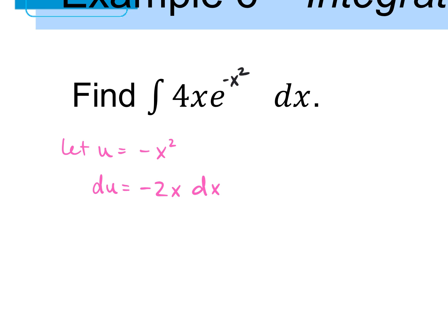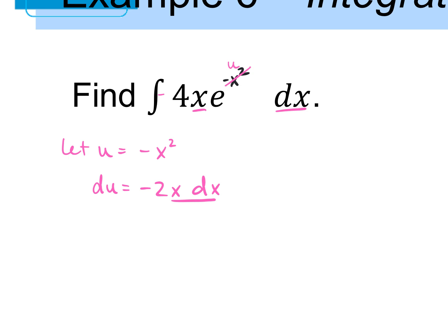So I'm going to replace the exponent with the u. So we're substituting that in. Now we need the rest of it just to turn into du. So I have a dx and an x, so we're good here, but I also need to have a negative 2. How can I change 4 to be negative 2? We can divide it by 2, or negative 2, because we want it to be negative, right?